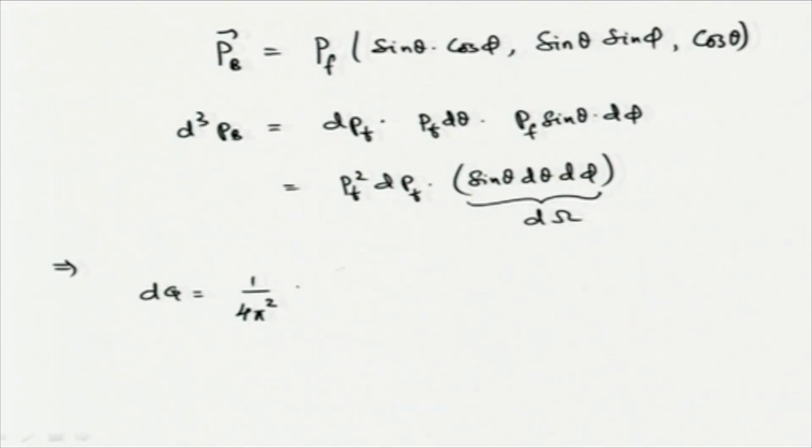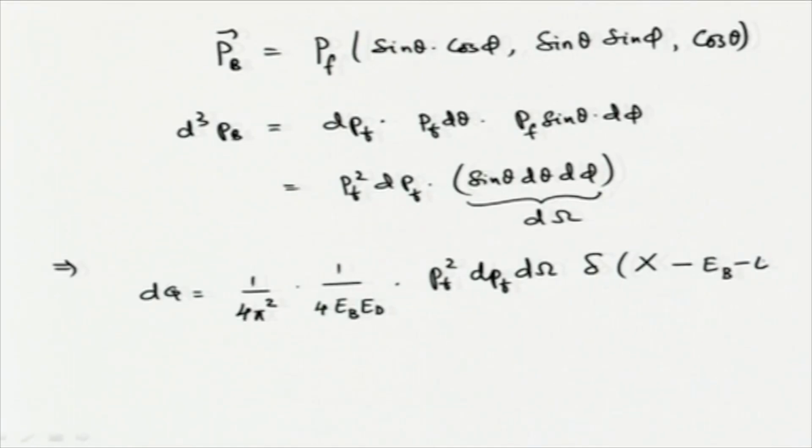Let me write it in this fashion, 1 over 4 E B E D, P F square d P F d omega, delta of x minus E B minus E D. x is equal to E A plus E C, the initial energy, which is equal to root S. And by this delta function, it is also equal to E B plus E D.